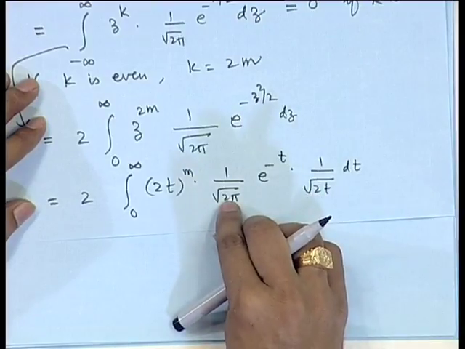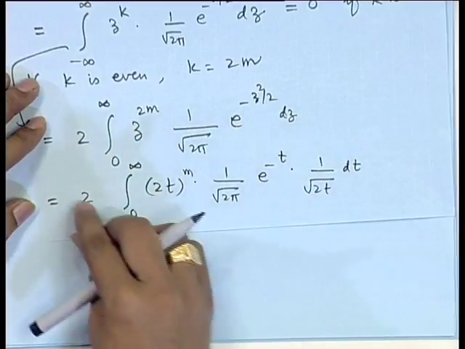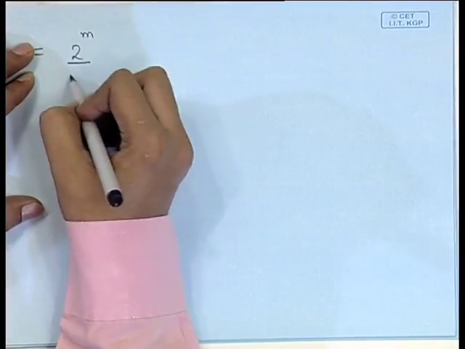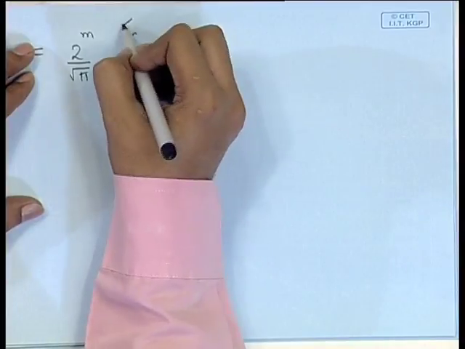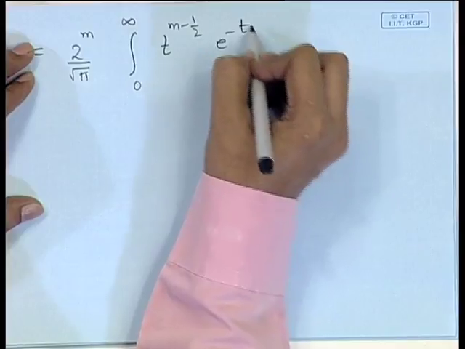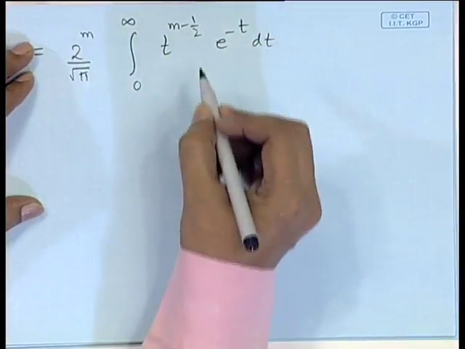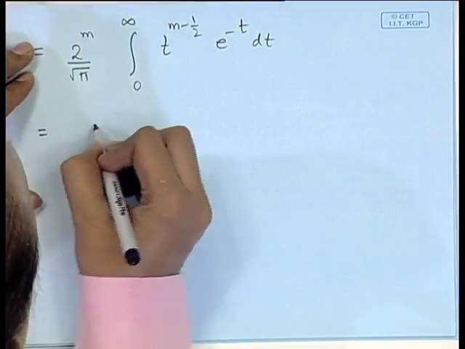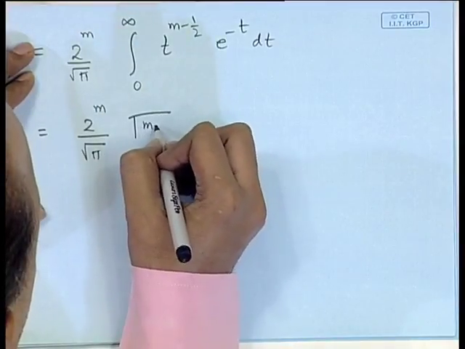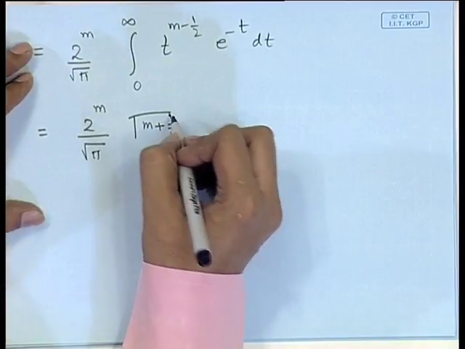Here there are 2 square root 2's in the denominator, so that will cancel with this. So, we are getting 2 to the power m by root pi, integral from 0 to infinity of t to the power m minus 1 by 2 e to the power minus t dt, which is nothing but a gamma function. So, this is equal to 2 to the power m by root pi gamma of m plus 1 by 2.